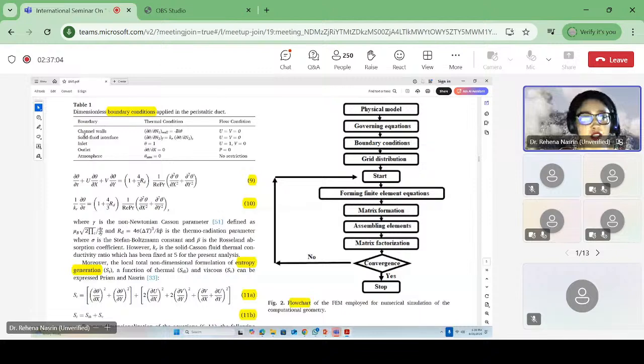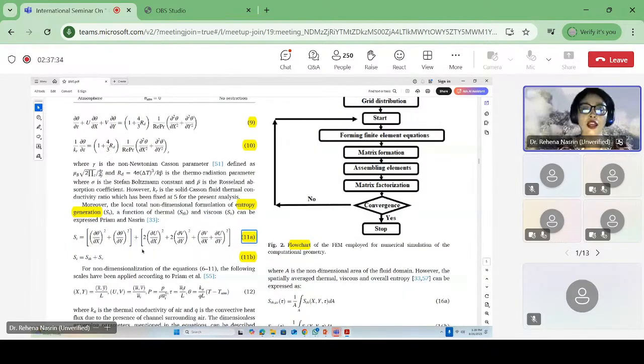Table 1 shows the boundary conditions we have considered, and equation 9 is the temperature of the fluid domain, thermal analysis, and equation 10 is the temperature of the solid domain. We consider the food part, that is the bolus part, as a solid domain.